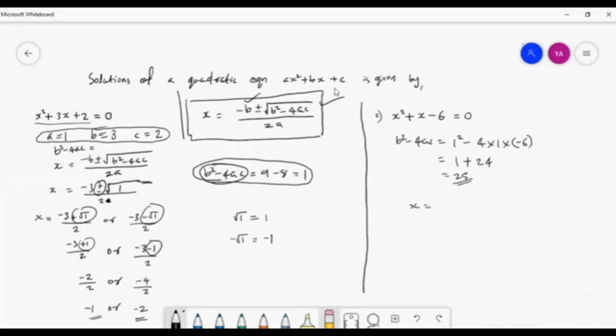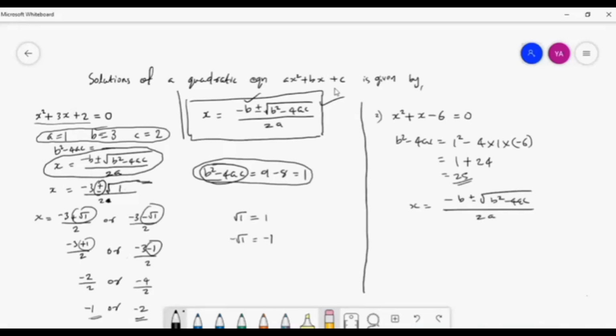So you can write x is equal to the formula, you want to copy it, okay? When you answer in the answer paper in the public exam, you want to write the formula first, so you will get some marks for the formula. So minus B plus or minus the root of B square minus 4AC by 2A. Okay?